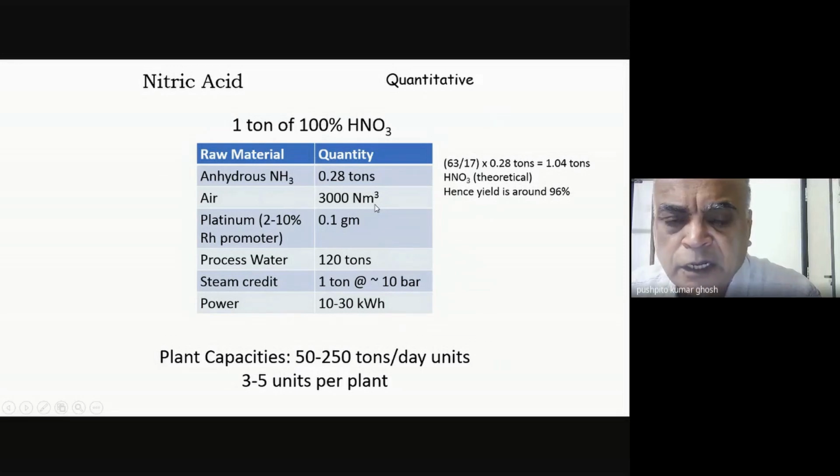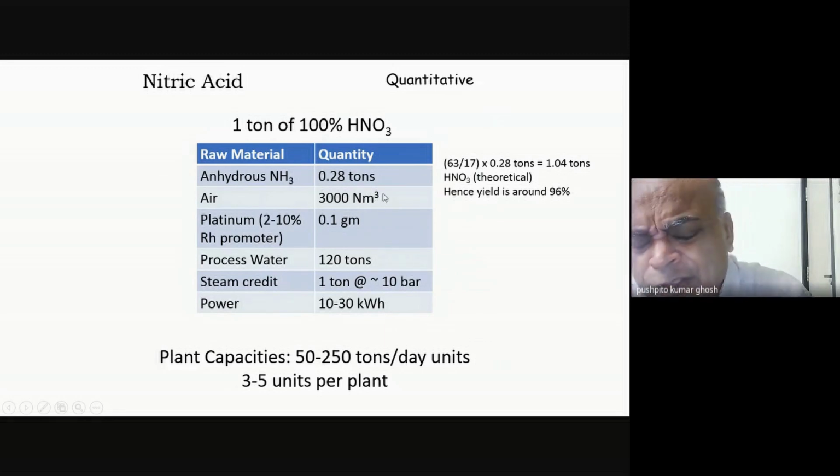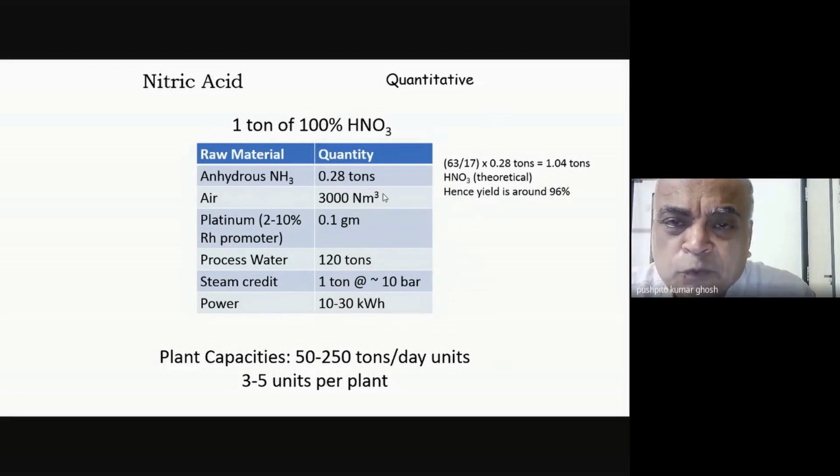the normal meter cube of air in the overall process, because there are two steps of oxidation as we discussed. From ammonia to NO, that will of course take up a huge amount of oxygen, and then the second step, the NO2, takes up relatively less oxygen, but overall the consumption would be very high. And it's for this reason that I conceptually feel that this is not the best process in the long run.